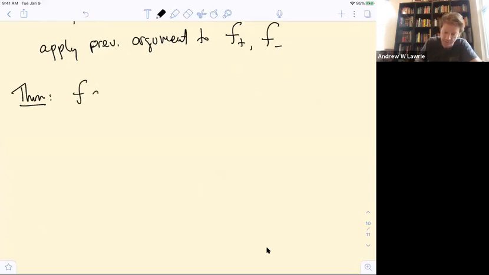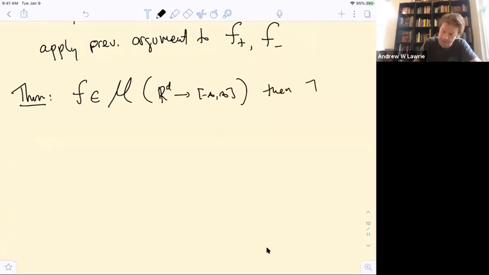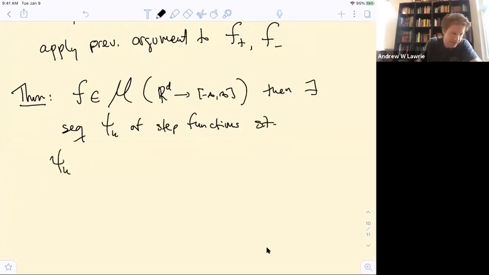So if f is a measurable function, then there exists a sequence psi k of step functions such that psi k of x tends to f of x for almost every x.